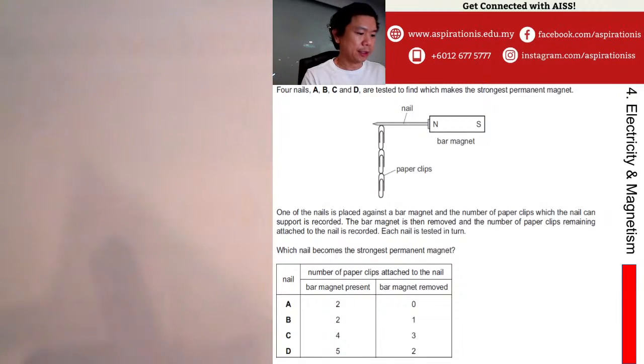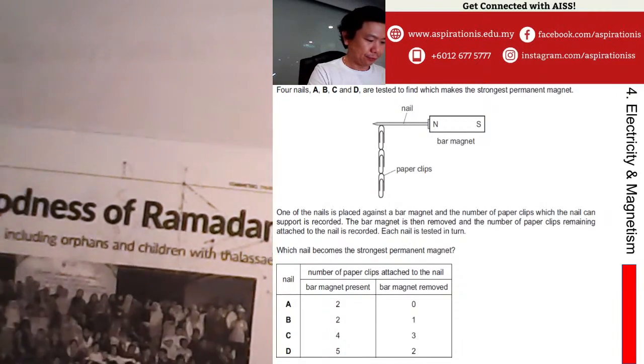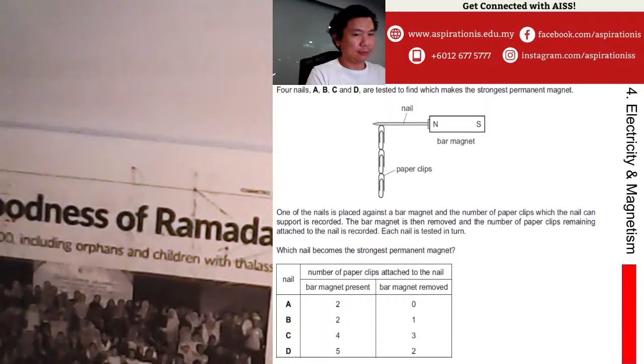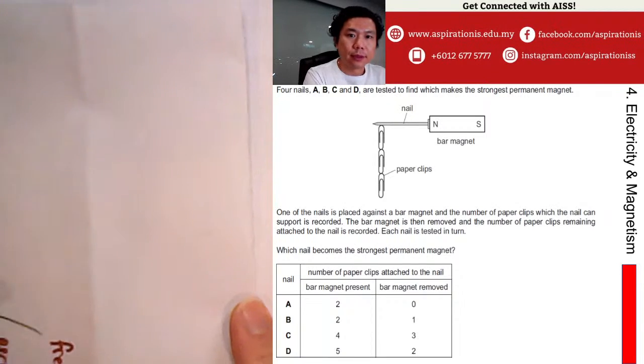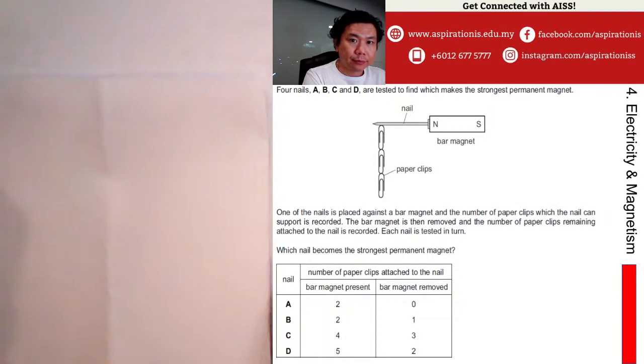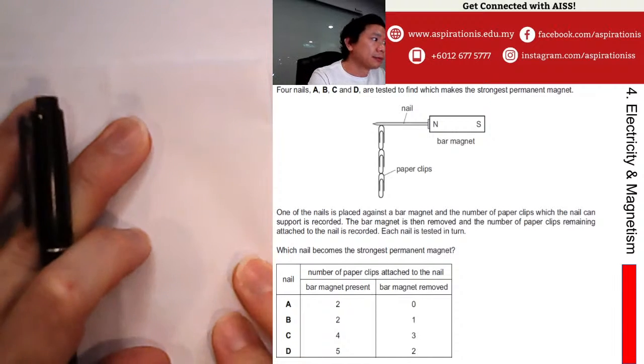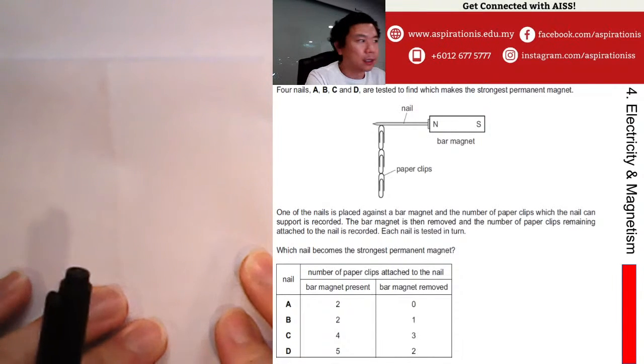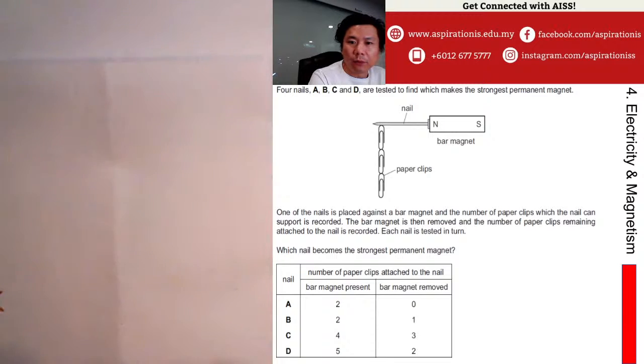Reading through this question. Dion says C. Very good. Why would you think the answer is C, Dion?